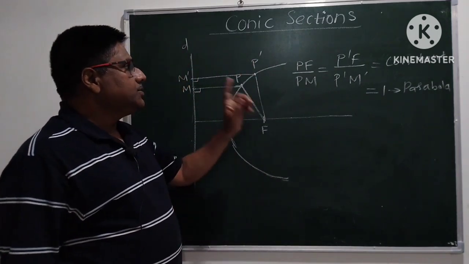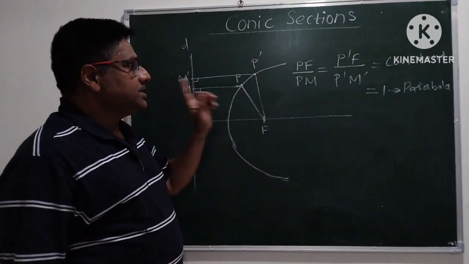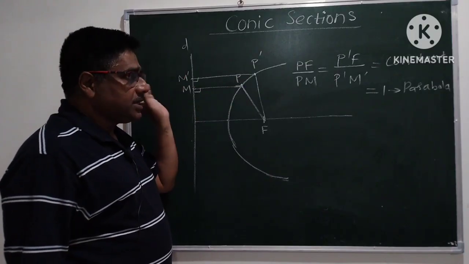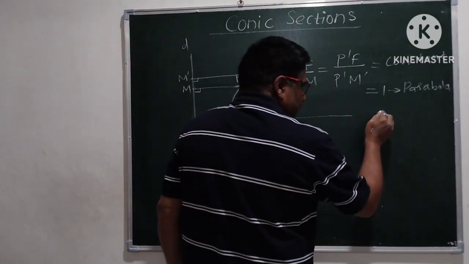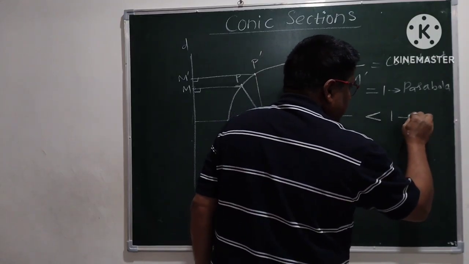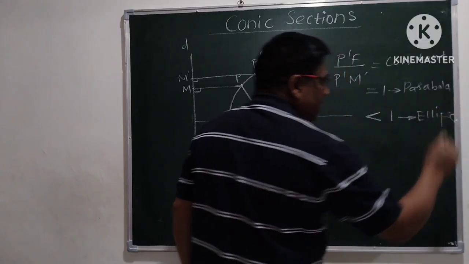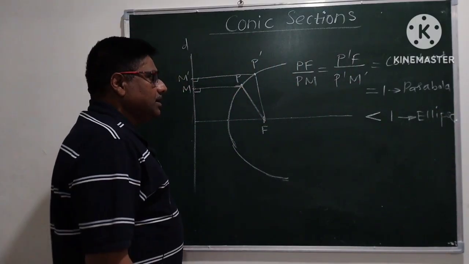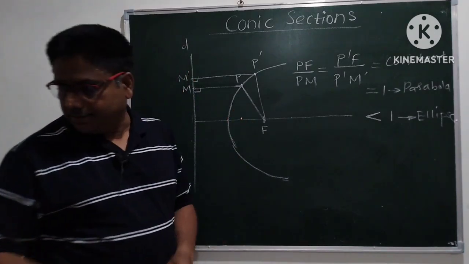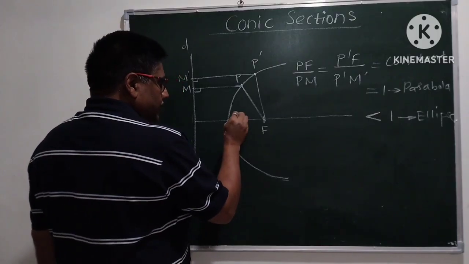And if the ratio of the two distances, that is the distance of a point from the fixed point to the distance of the point from the fixed line, is a constant less than 1, then we get an ellipse. This is the vertex.